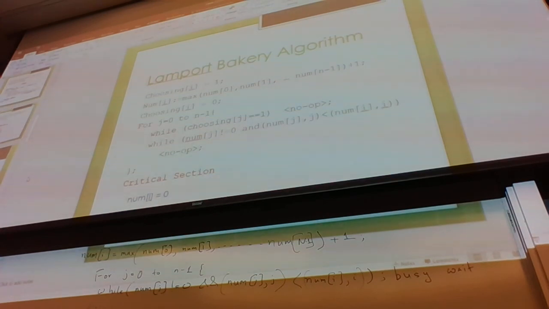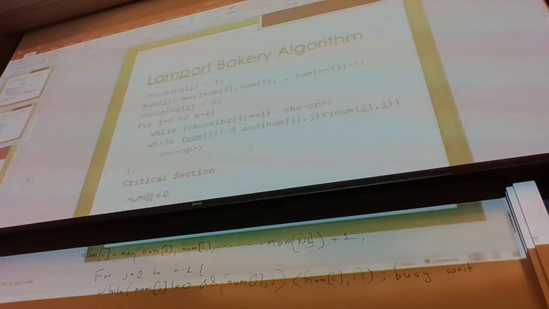Now if process 2 is done with the storing of the number, then it will do choosing i equals 0. Now let's say process 2 couldn't go into the for loop and you context switch to process 5. Process 5 was busy waiting in that while, so it broke from the while because process 2 is done choosing.